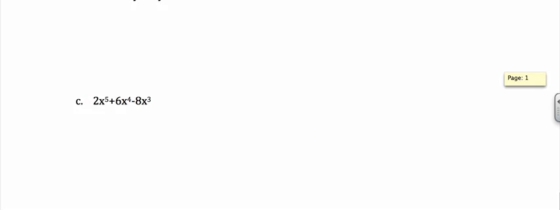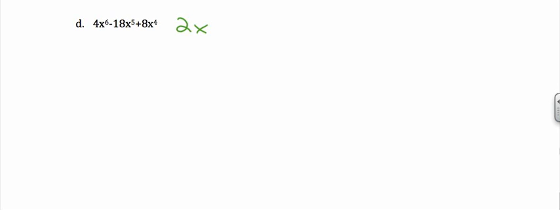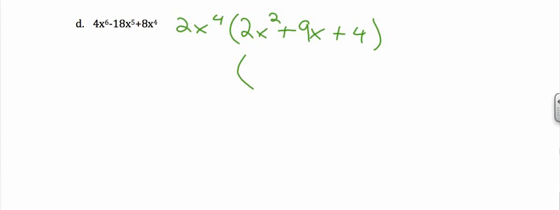One more left. Here, we're not going to get a nice shortcut one. Our GCF is 2x to the 4th. We can't quite take out a 4. So we're left with 2x squared plus 9x plus 4. I'm going to factor this by the brute force method.